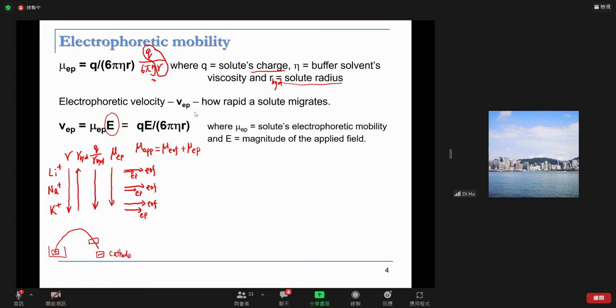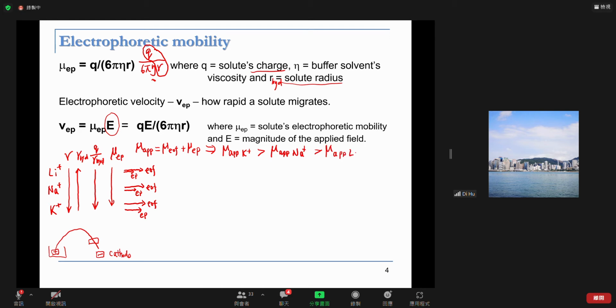So if we talk about the mu EP, then that will be the mu apparent. Potassium will be larger than mu apparent. Sodium will be larger than mu apparent.